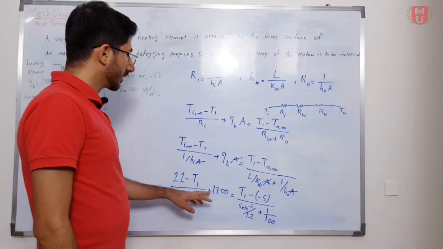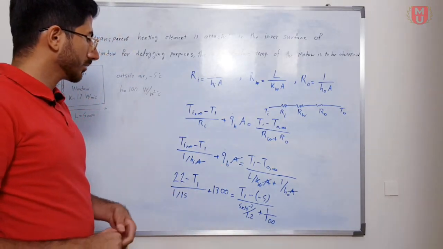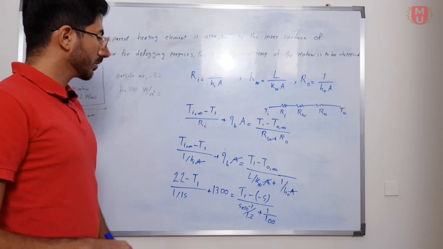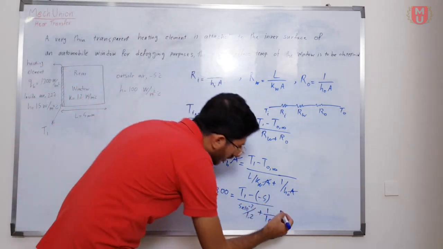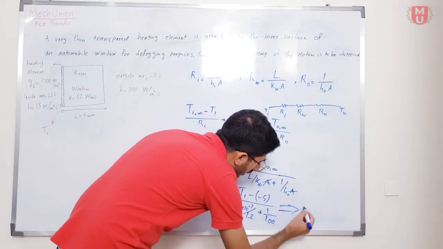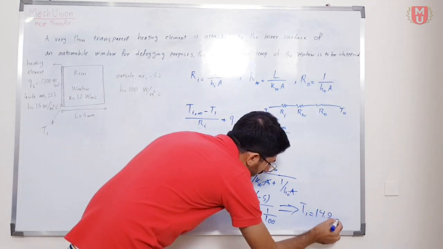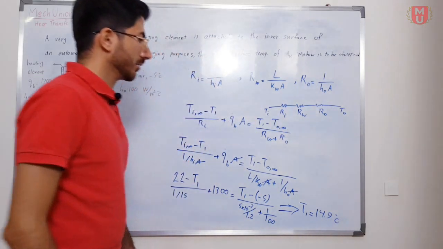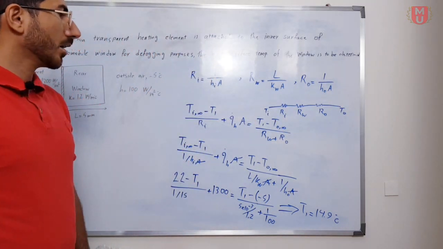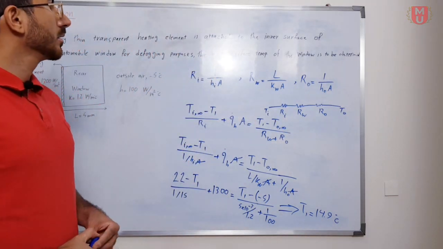You can give this equation to MATLAB or EES to solve. If you do that, you will get T1 equals 14.9 degrees Celsius. That's our desired number.